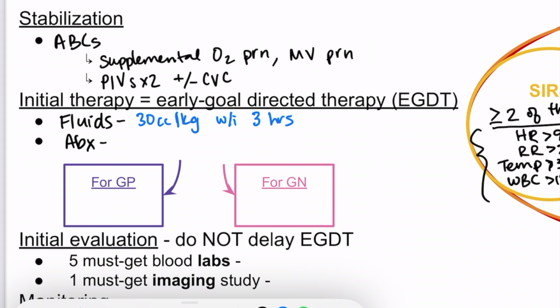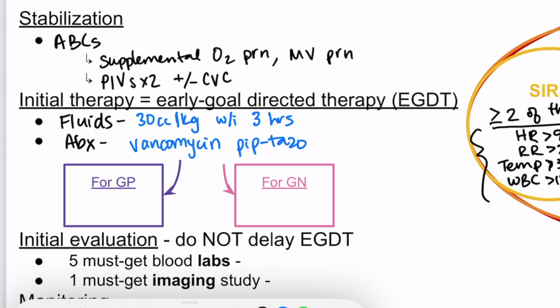Additionally, for antibiotics, we want to get things that will cover our pathogens broadly. So one would be vancomycin, and then the other one would be piptazo.